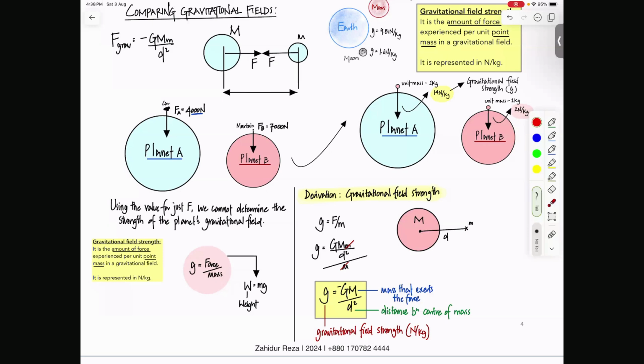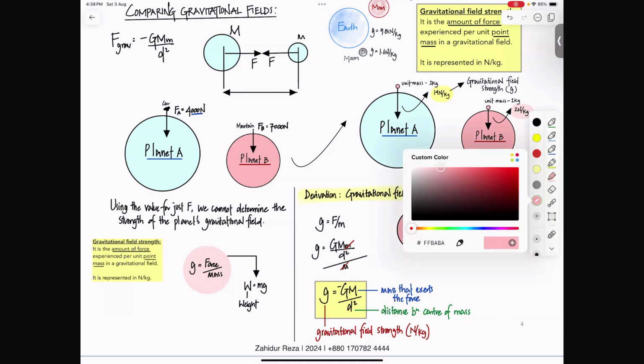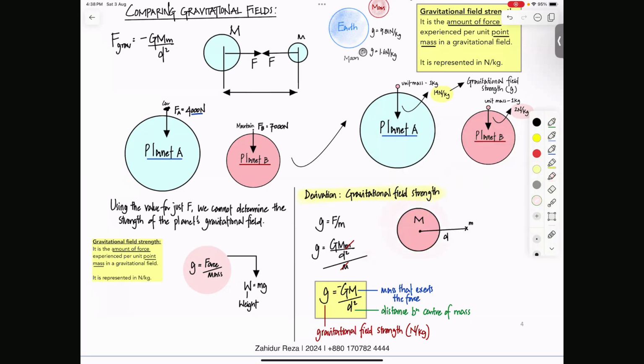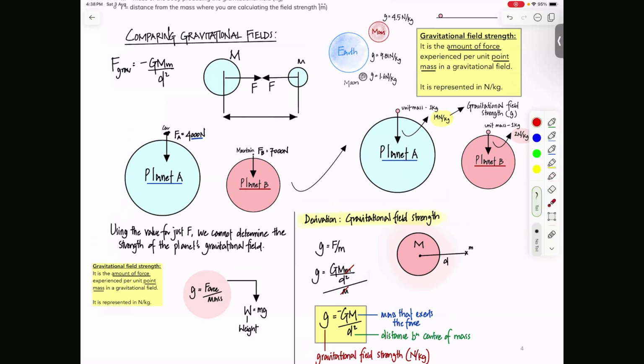Then those formulas don't work, and you have to work with a different one. So if you use this formula, GM by d square, you can investigate the strength around a single planet or mass on its own. You're not relying on some other mass to exert its influence, right? So you can find out what is happening all around it with just this equation. I'll show you more examples of it soon, but you can find these values. To find these values, you need this formula.